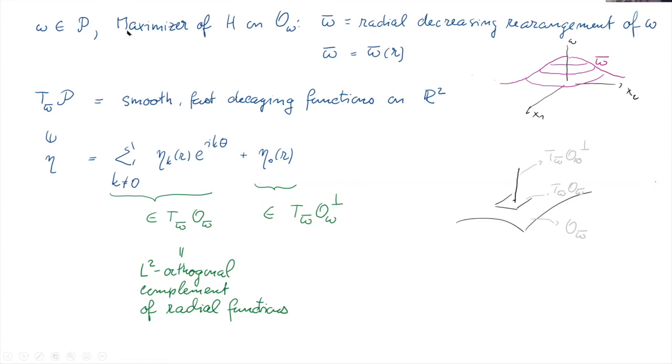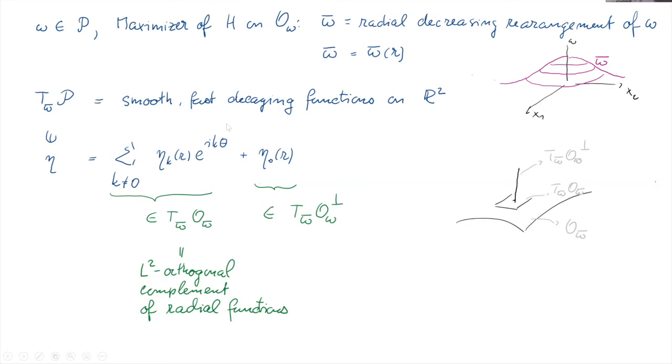So for each omega, we know exactly what the maximizers are on the orbit, and it's not hard to calculate the tangent space to the orbit. These are functions of this form.